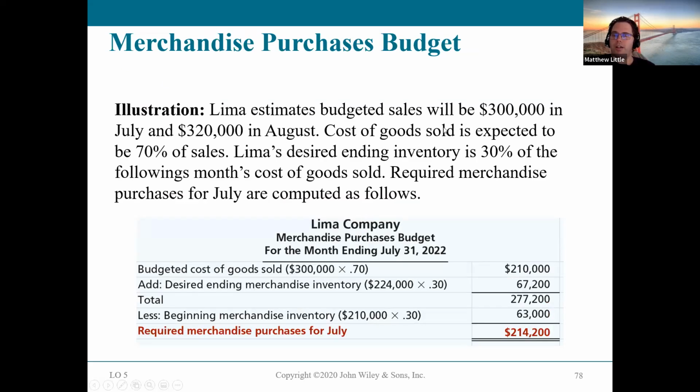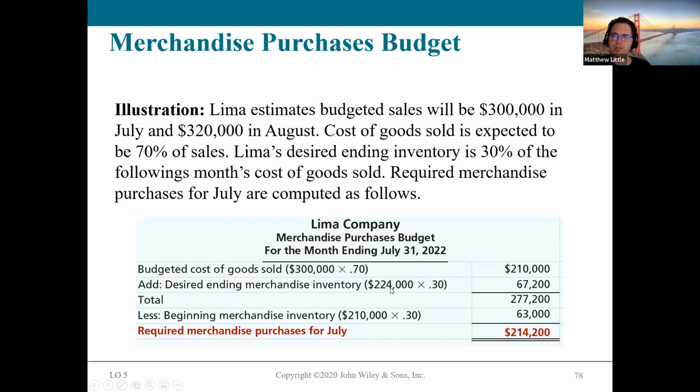So a little illustration here: 300,000 in July and 320,000 in August for sales. COGS is 70%. Desired inventory is 30% of the following month's COGS. Let's look at July. Budgeted COGS is 300,000 times 70%, which is 210. For desired inventory, we look at the next month: 70% of the 320 for the next month.